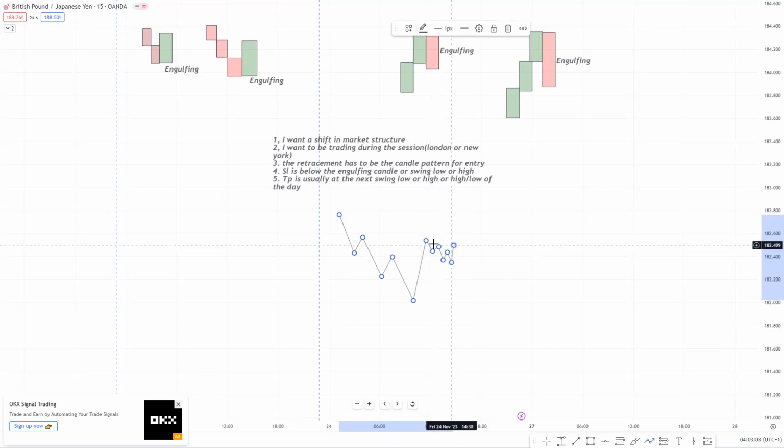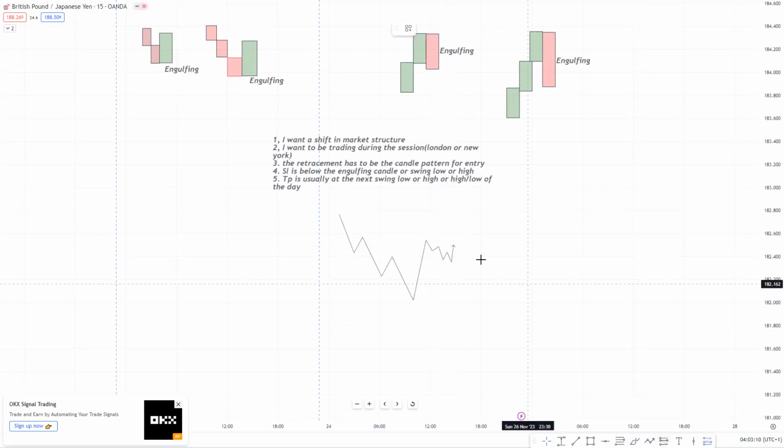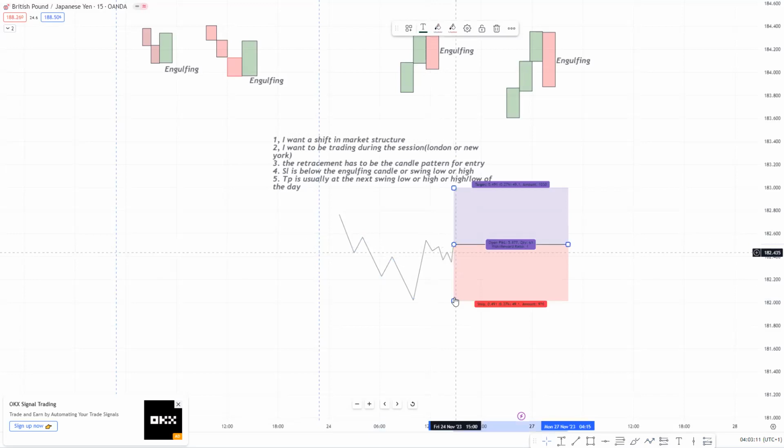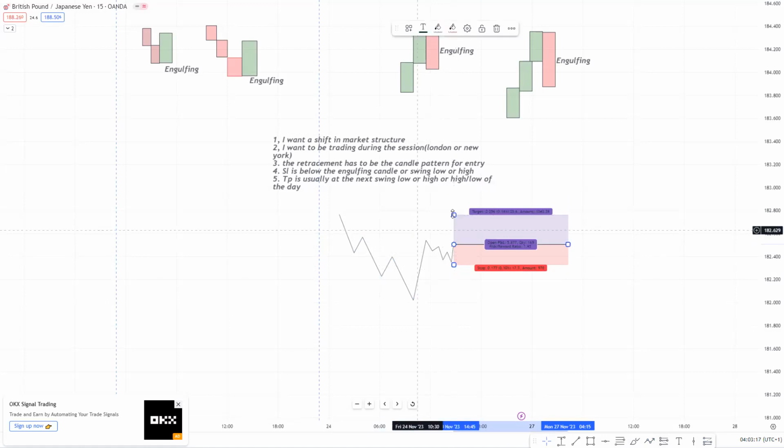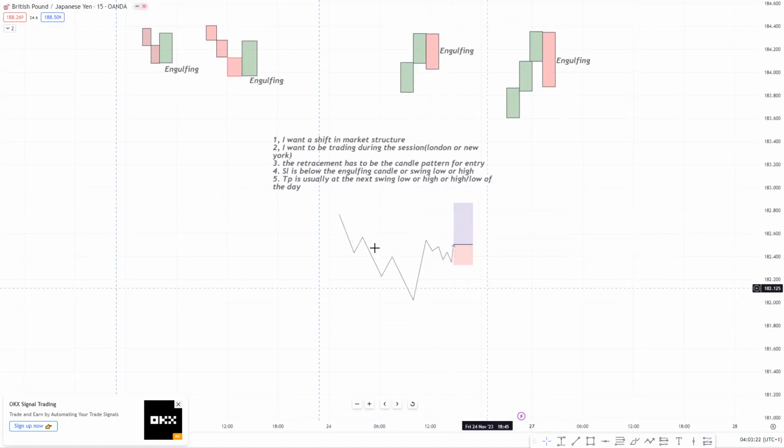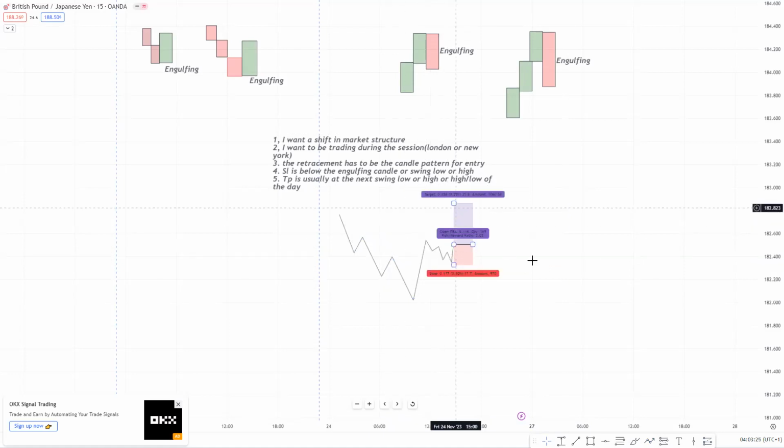So this candle right here will be my entry, and my stop loss will just be below. Boom. Targeting the high. This is how simple this model is. This is the dump and pump pattern.